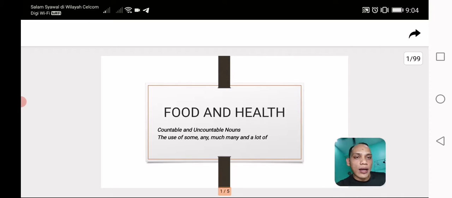Ada beberapa aspek grammar yang kamu kena tahu, seperti countable and uncountable. Penggunaan some, any, much, many, and a lot of.